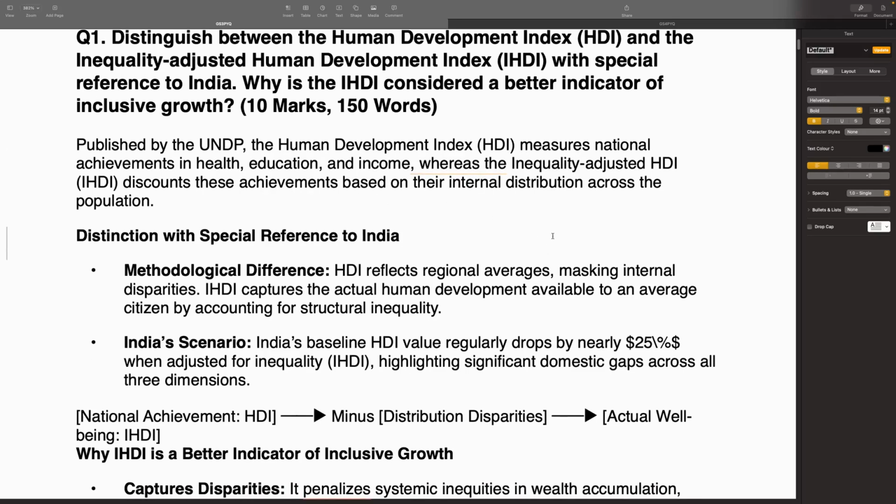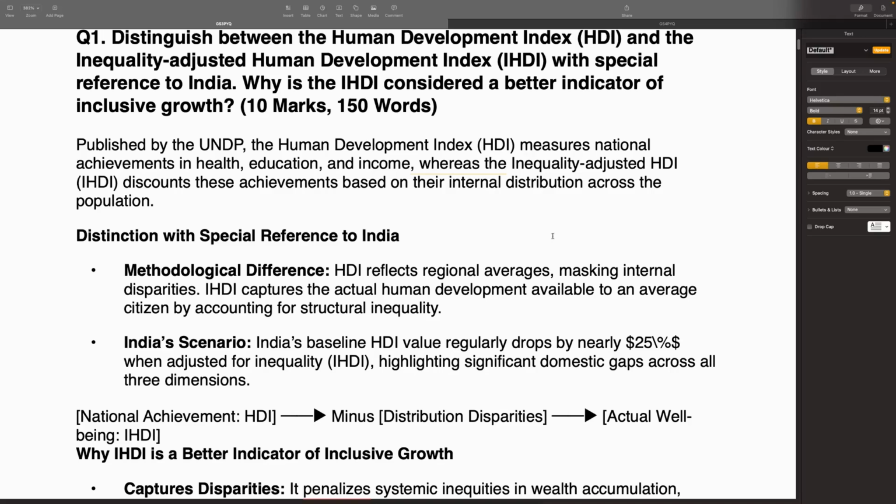Published by UNDP, the Human Development Index measures national achievements in health, education, and income, whereas the Inequality Adjusted HDI discounts these achievements based on their internal distribution across the population. Distinction with special reference to India. Methodological difference: HDI reflects regional averages, masking internal disparities.